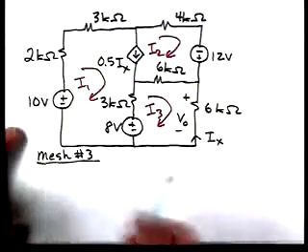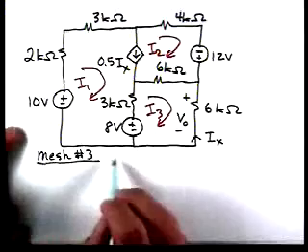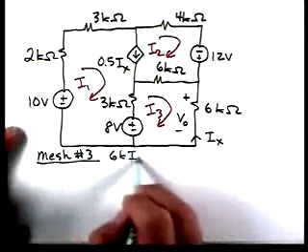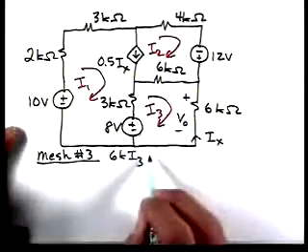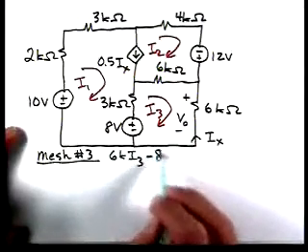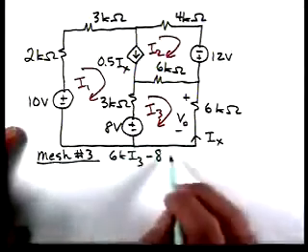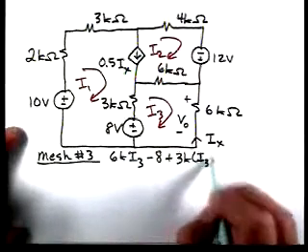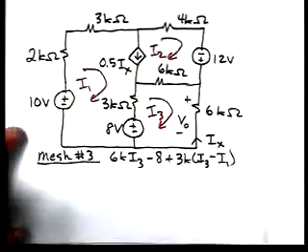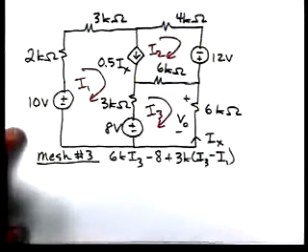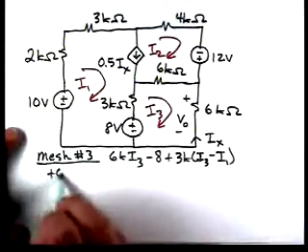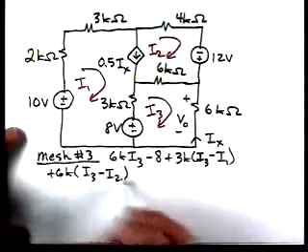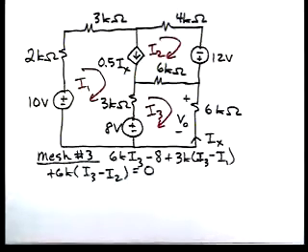So we'll have 6K I3, drop here, minus 8 as we come around. Then we'll have a drop of 3K times I3 minus I1. One more drop of 6K times I3 minus I2 equal to 0.